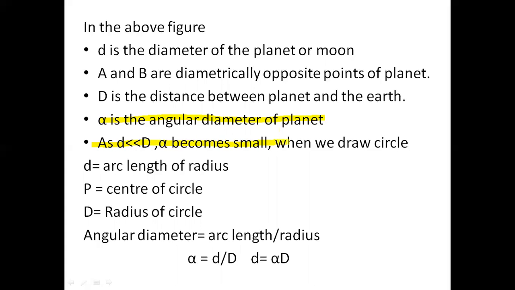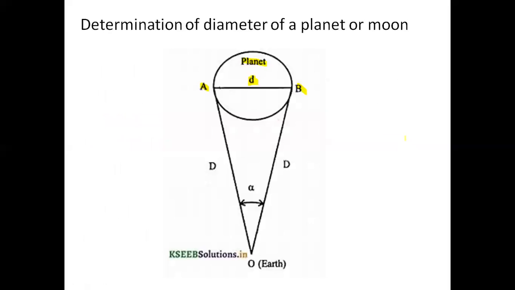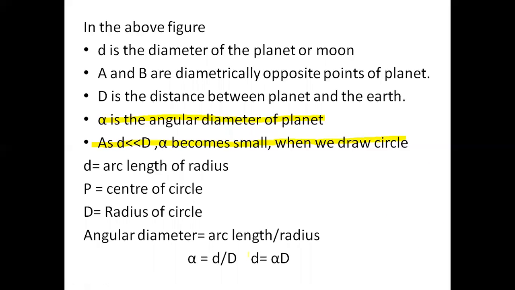So in the last derivation also, we assumed that we will draw a circle. If I assume that P is the center of the circle and draw the circle, then the small letter d in the diagram becomes the arc length.